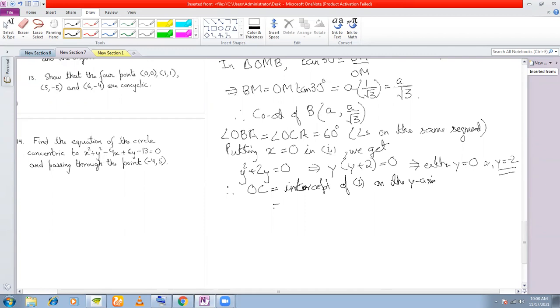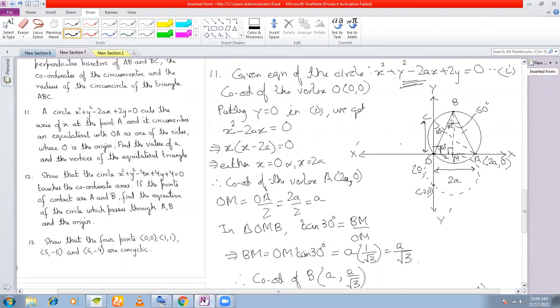And since we have got this as minus 2, because length cannot be negative, and because we are talking about simply OC, fine, we can work with the sign, no problem. Minus 2 minus 0 is minus 2. So now we have got this length as minus 2 units or simply 2 units, because when talking about length, we talk in the positive sense. Sign is only for your sense or direction. Okay, so this is 2 units. So you know this length as 2A and this length as 2 units.